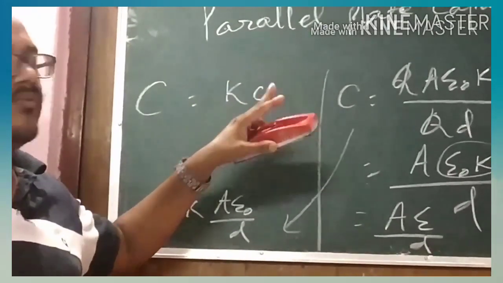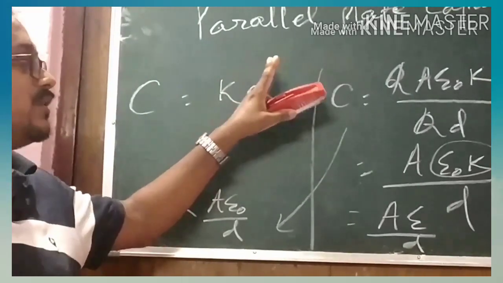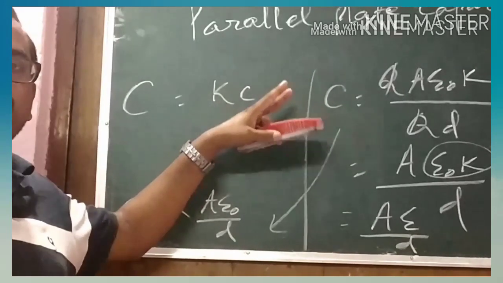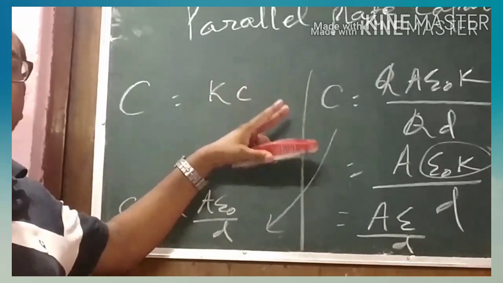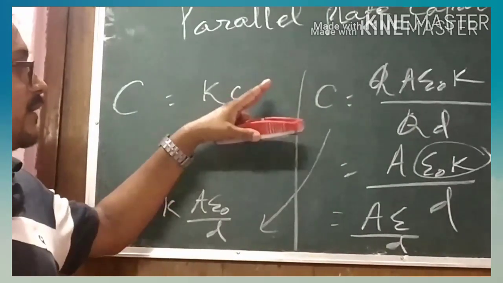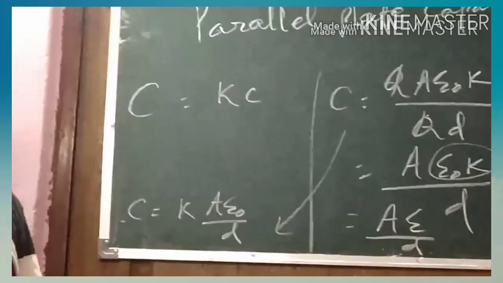In the first case, we calculated the capacitance with a vacuum between the two conductors, and in the second case we applied a dielectric having dielectric constant K.